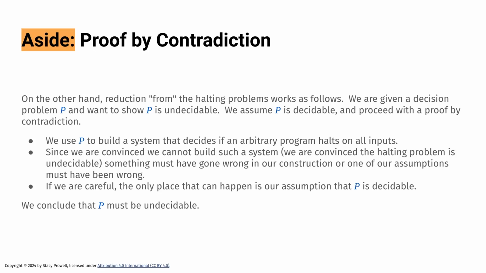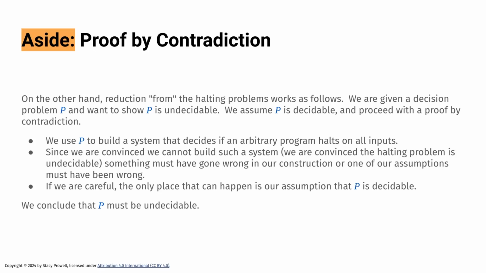And every piece of the system that I'm building is something that I believe I can make, and that I can convince you I can make. And I can convince you that the entire system will work, given all the pieces, and solve the halting problem. But wait, you're convinced the halting problem isn't generally solvable. That means something must be wrong in my construction. So you go back and you look for the flaw in my construction.